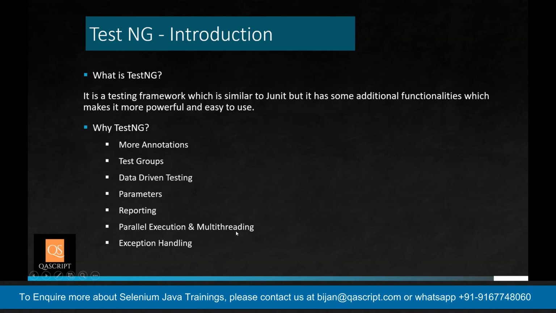You can do parallel execution with multi-threading in TestNG, and you can also do exception handling in TestNG separately, apart from the normal exception handling present in Java. Okay, so these are some of the advantages which TestNG has over JUnit.